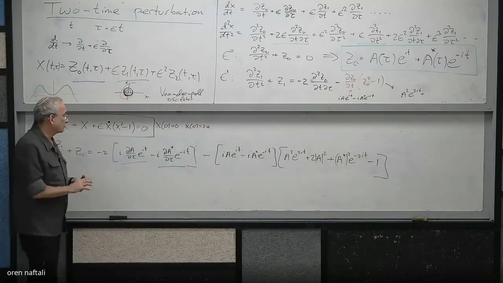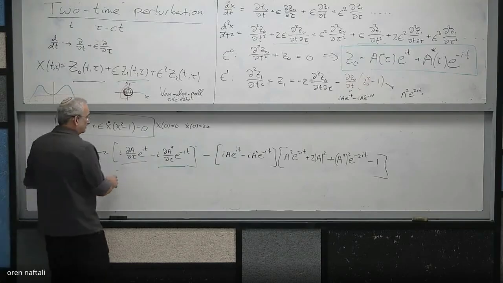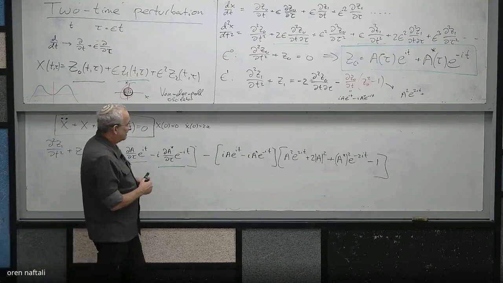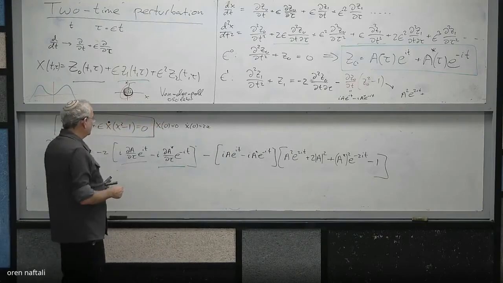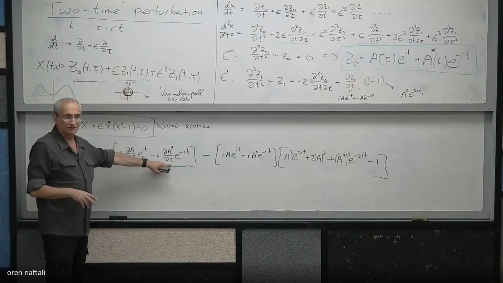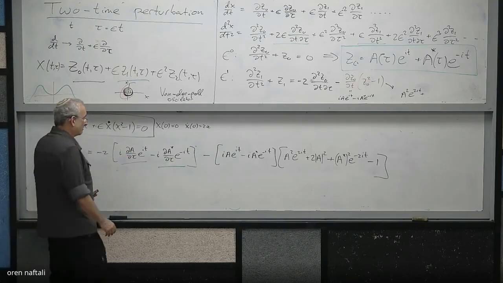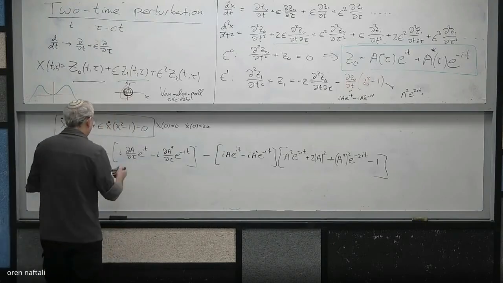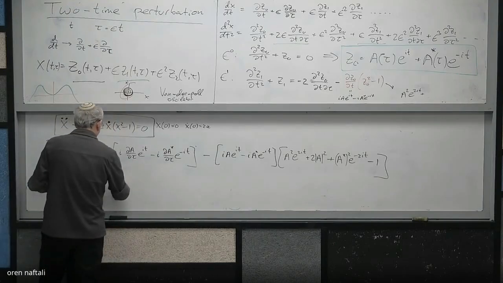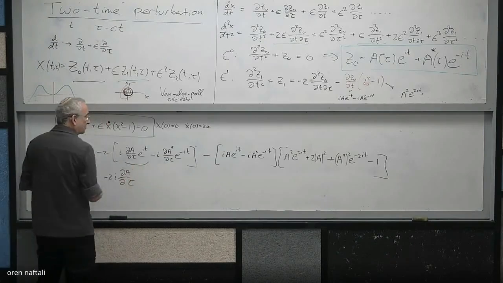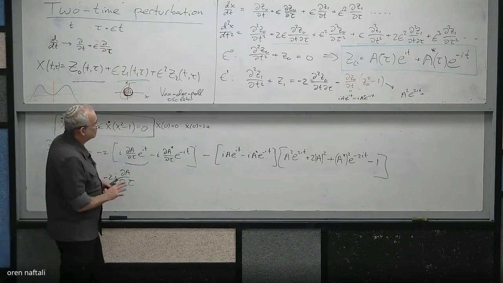Okay? Dangerous terms. This and that, of course. Now, which terms will give me those? First of all, let's forget about the e to the minus, because it's a real function. So if we satisfy it for the e to the minus, we satisfy it for the e to the plus. So we have here minus 2i dA/dtau. This is this dangerous term. What are the others? Minus iA star, A squared.